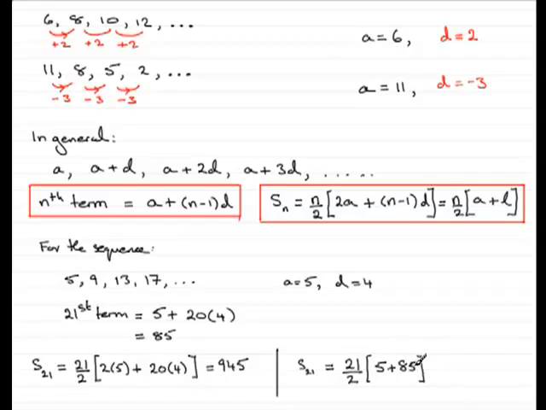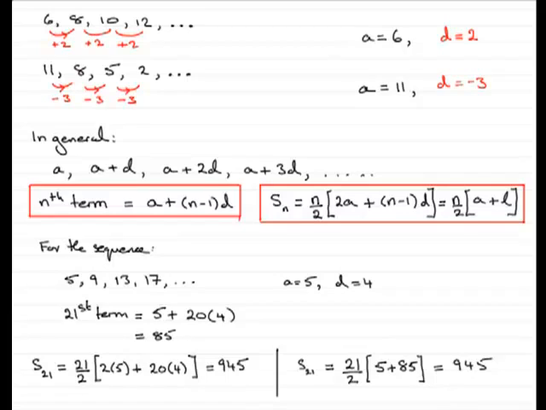So 5 and 85 is 90, and 90 times 21 divided by 2 comes out at 945. So obviously both answers agreeing, and that hopefully shows you how we can find the sum of the first n terms.